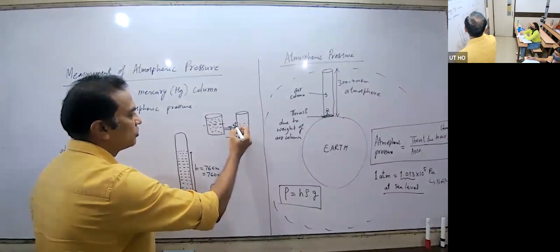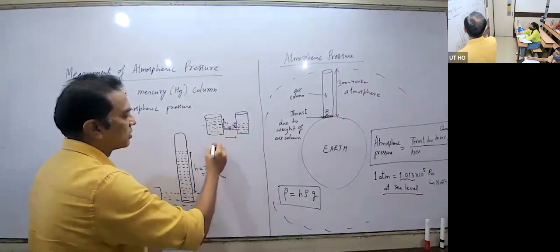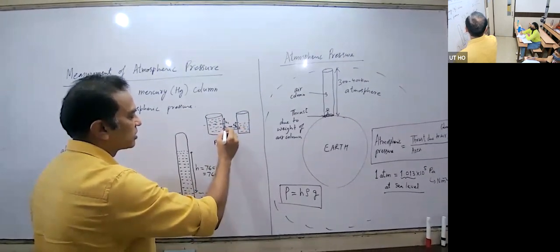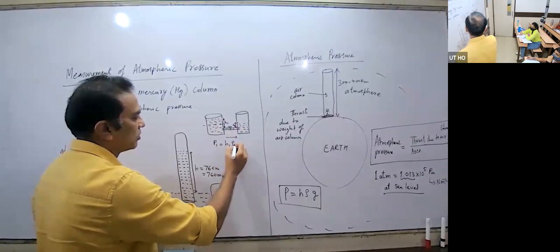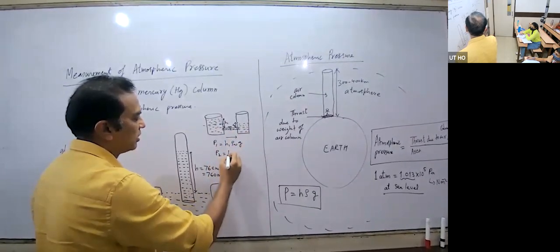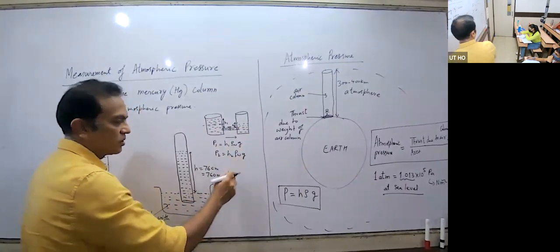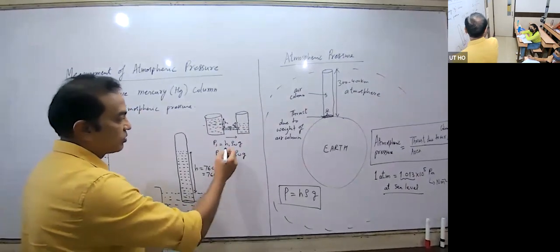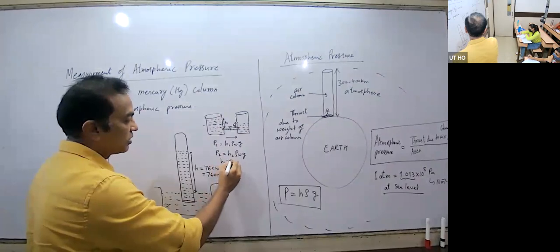This is H2, here it is H1. So what is P1 at this side? P1 is H1 rho g, where rho means density of water. What is P2 at this side? H2 rho g. Both sides are the same liquid, but H1 is greater than H2.